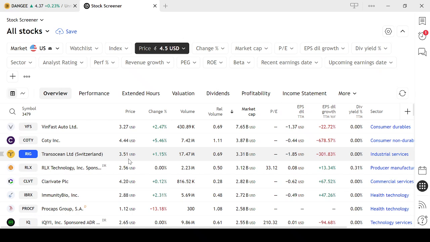You have to look for genuine news like earnings reports, contract wins, partnerships or regulatory approval. Avoid relying on message boards or social media hype since they can be manipulated. You have to also check SEC filings such as the 8-K or press releases directly from company websites.